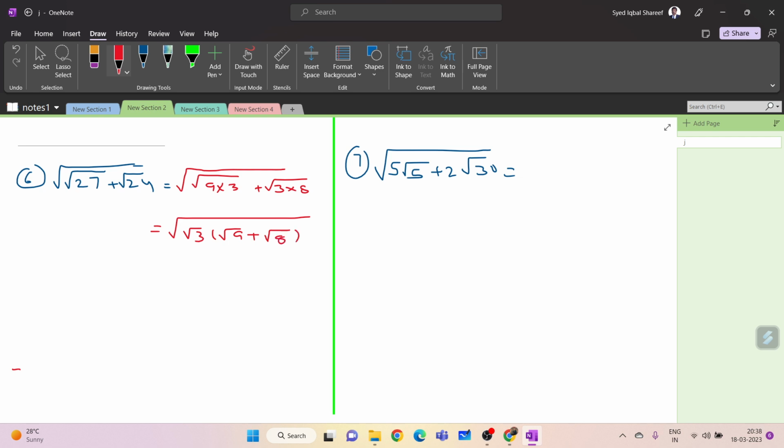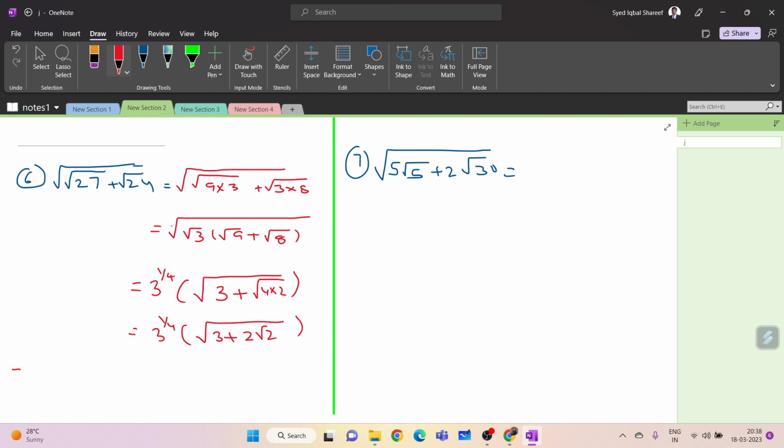You see this root means 3 to the power of half. Again I want to write it outside of the root, the bigger root. So it will be 3 to the power of 1 by 4. Square root of 9 is 3 plus square root of 8. Square root of 8 we don't know, so we are writing 4 into 2. So 3 to the power of 1 by 4 square root of 3 plus 2 root 2.